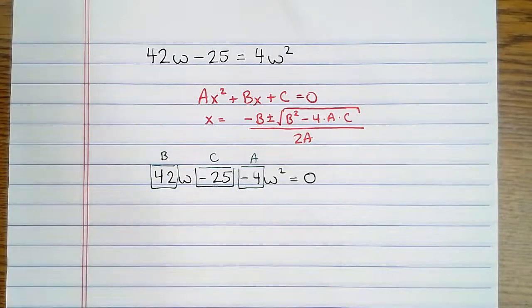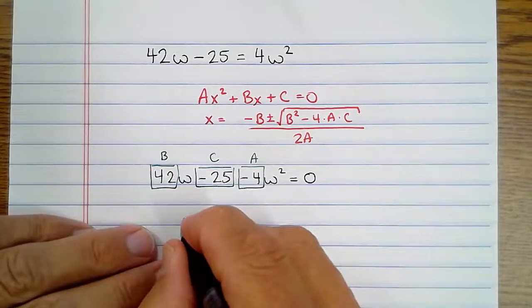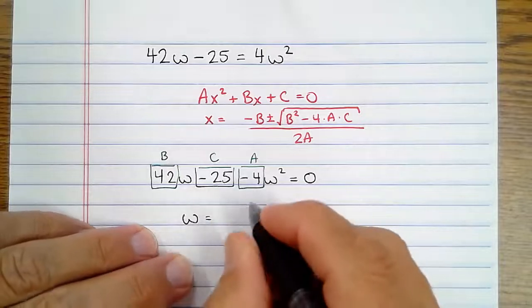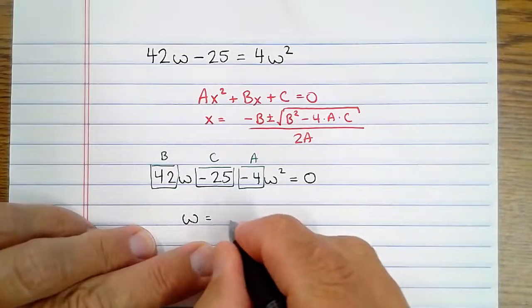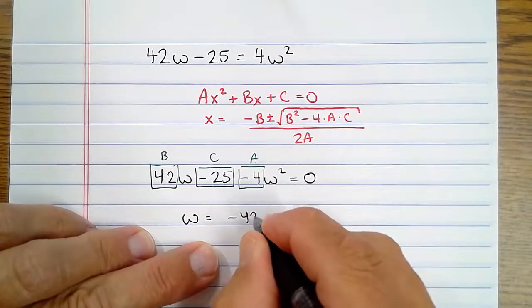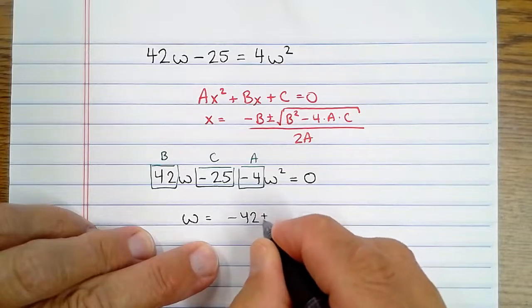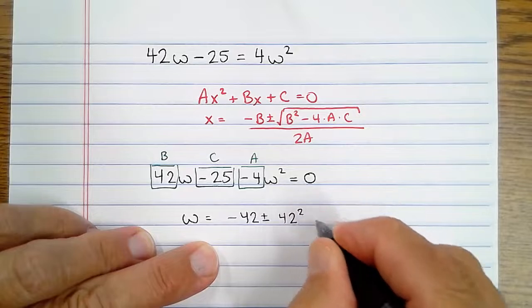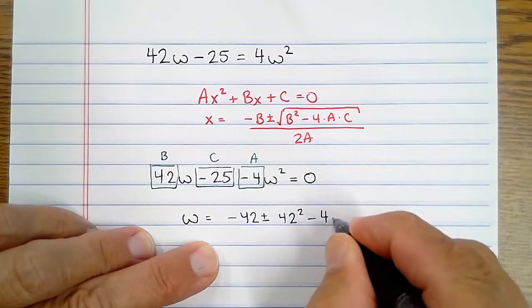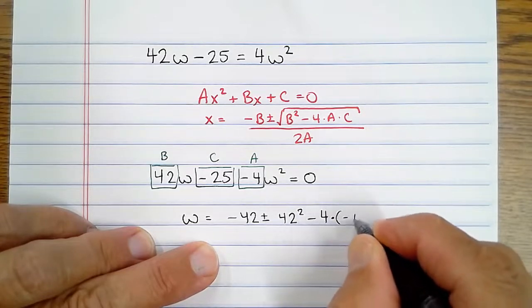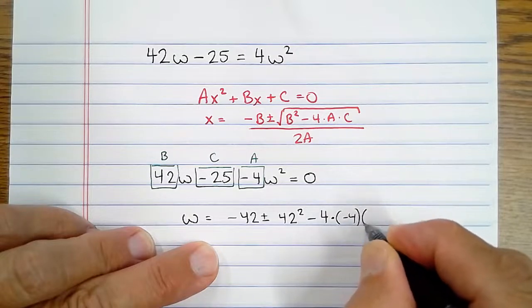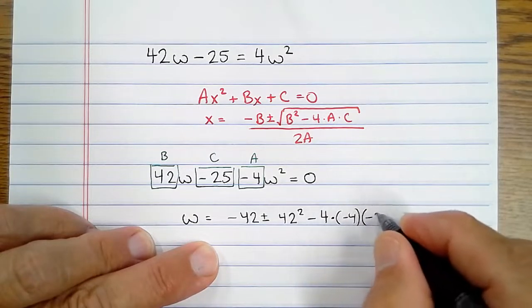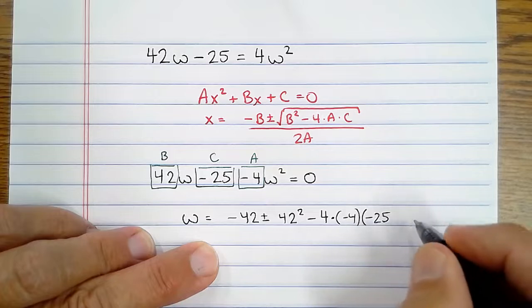So now I can evaluate the quadratic equation for w. So w will equal minus B, so that's negative 42, plus or minus the square root of B squared, so that's 42 squared, minus 4 times A, which is negative 4, times C, which is negative 25.